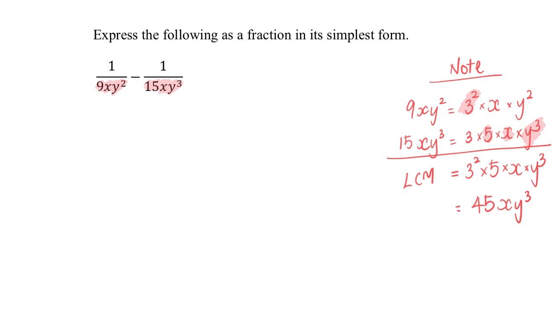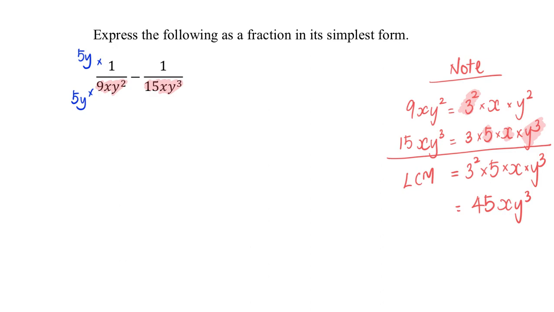And my job now is to turn back here. How then can we get 45? So for 9, it will be times 5. And I need to have my y power 3, so I need to have an additional y, so that y times y power 2 is y power 3.